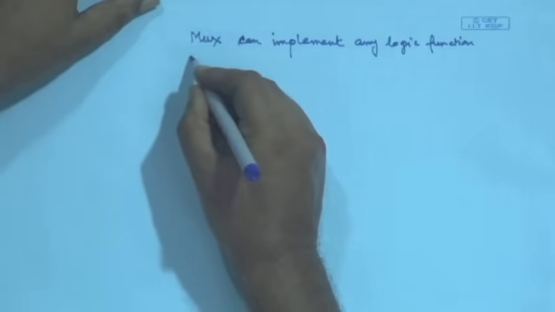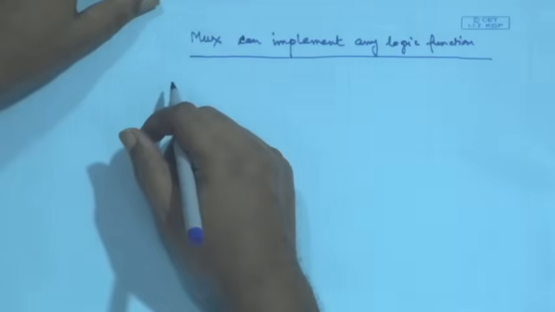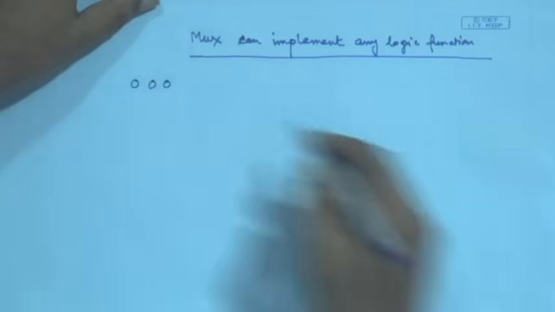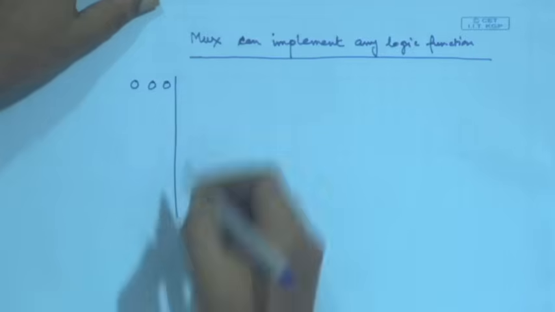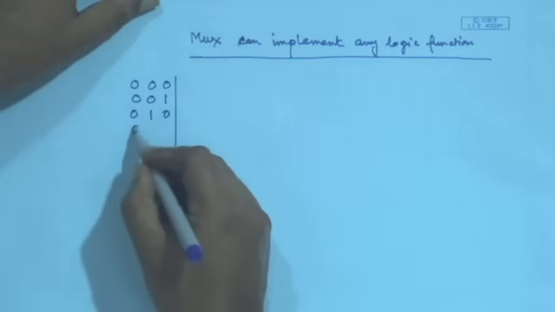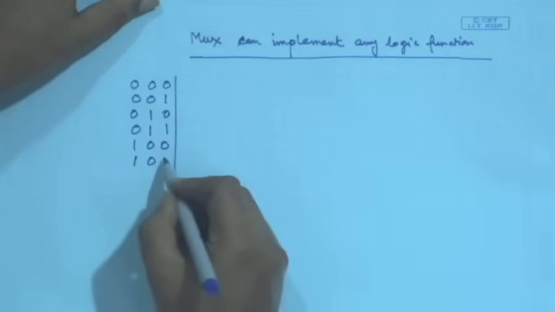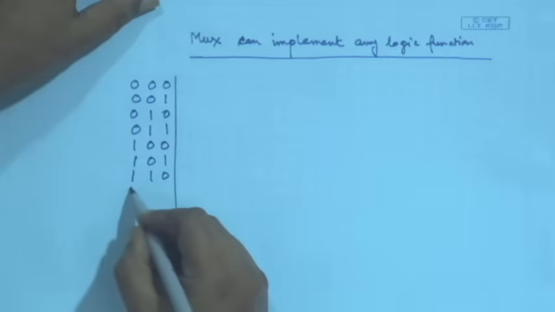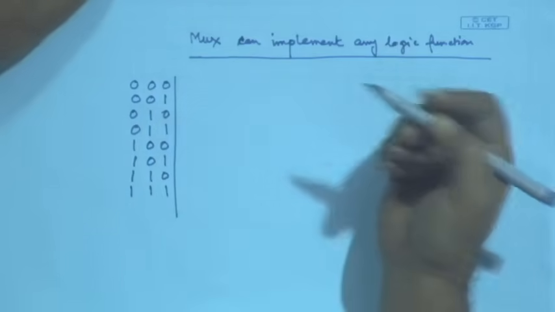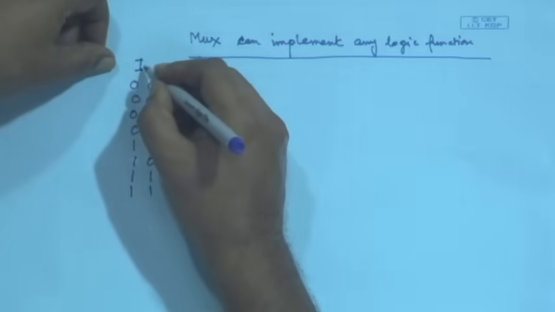It is true, because say I have a 2 input or say 3 input Boolean function. So, 0 0 0, and I will have some output. I will have 8 combinations, and these are the input combinations.